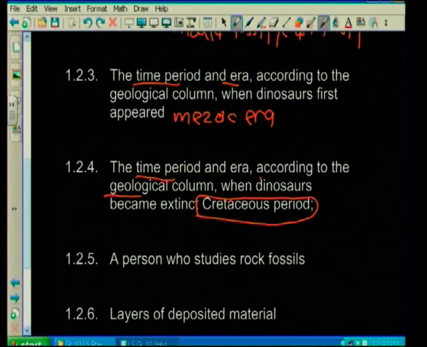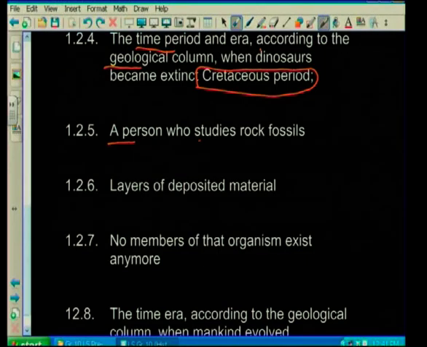The dinosaurs became extinct because of the asteroid impact, which caused clouds of dust, thereby blotting out the sunlight. So it's in the Cretaceous period, and remember, the cause is the asteroid impact.